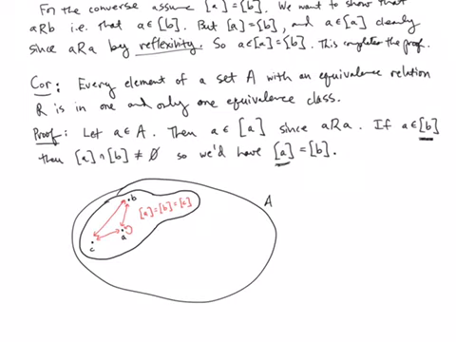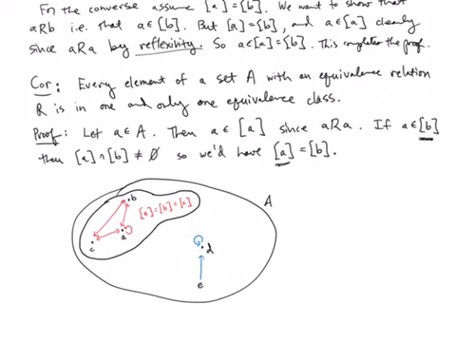And if we have some other element of A that's not in that equivalence class, so let's say we have D over here, well, D is in its own equivalence class, right? So there's an arrow pointing to D. There's also going to be other stuff, maybe.